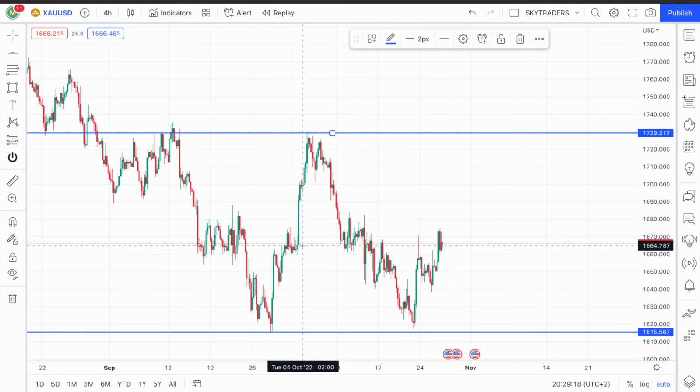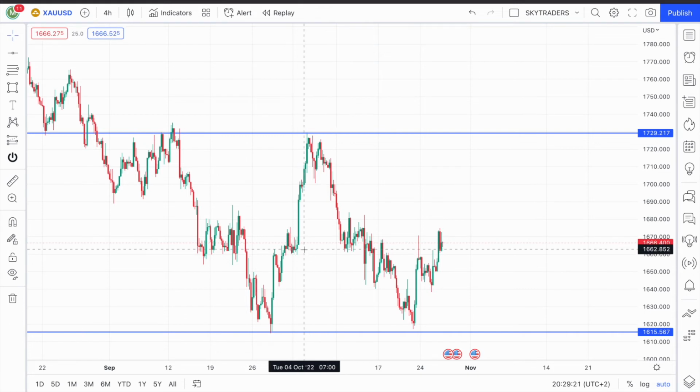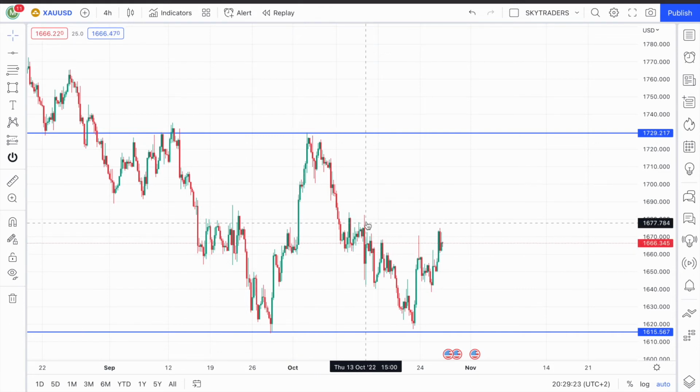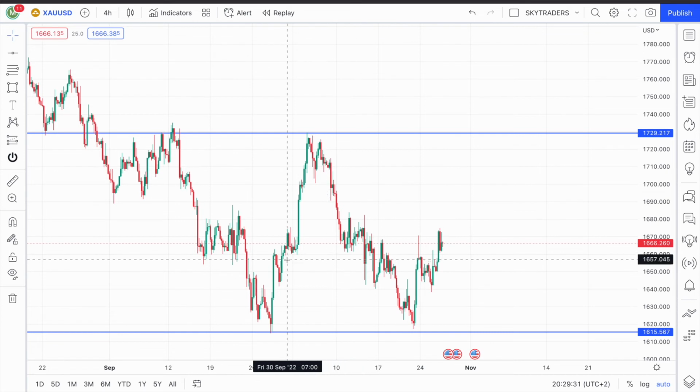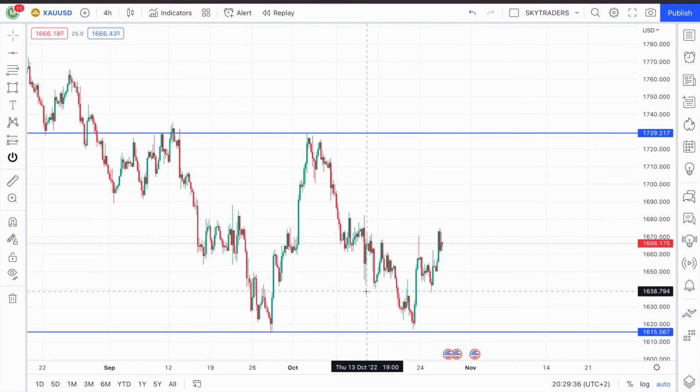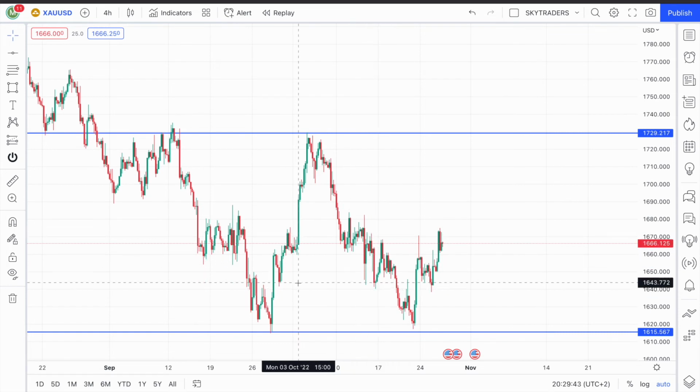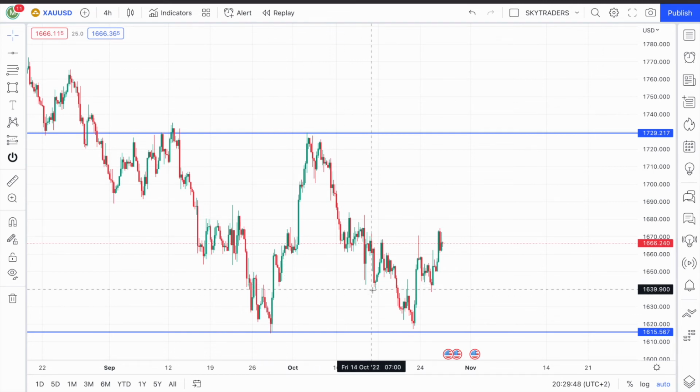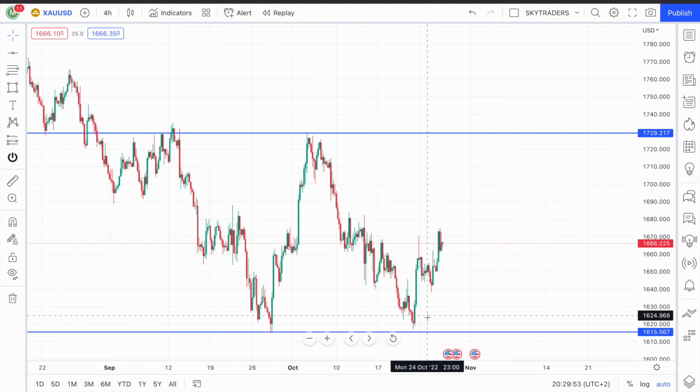Rejection, taking out all of those buy orders placed before. Retracement, trying to reach the previous sell orders. Rejection, high pressure sell candle, taking out all of the buy orders placed at this level. Retracement, trying to reach the previous sell orders. Expansion, breaking this market structure, targeting these buy orders and taking out all of the buyers in the market. Retracement or rejection, trying to approach the sell orders placed at that level, and so on and so forth.